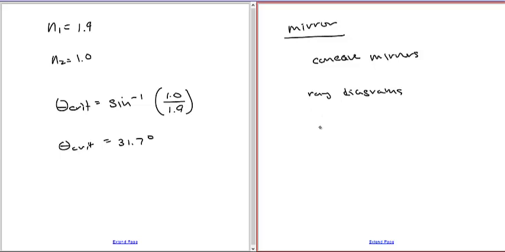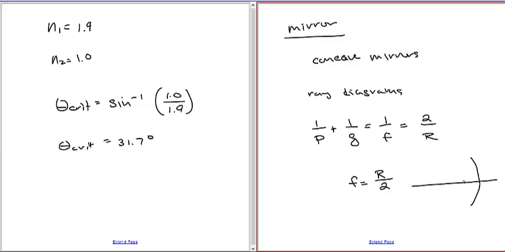And also the equation, 1 over p plus 1 over q is equal to 1 over f. But for spherical mirrors, it's 2 over r. That's because the focal length is equal to the radius of the spherical mirror divided by 2. So if we've done these mirror type problems, you've got your focal point here and you've got your center. So this distance from there to there is r. So the focal length is half of that.